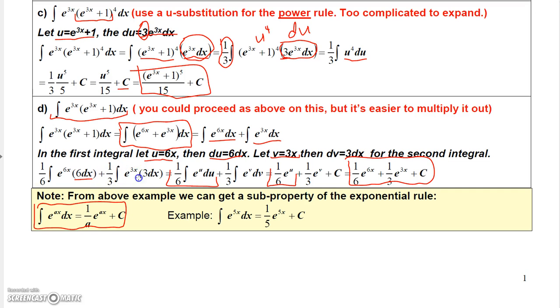I multiplied the inside by 3, so I would get a 3 dx, and the outside by 1/3, and that gave me 1/3 e to the v dv as the integral, and when you integrate that, you just get 1/3 e to the v, and then v was 3x. But of course, like I said, this formula really just comes from what I did up here, just doing a substitution.